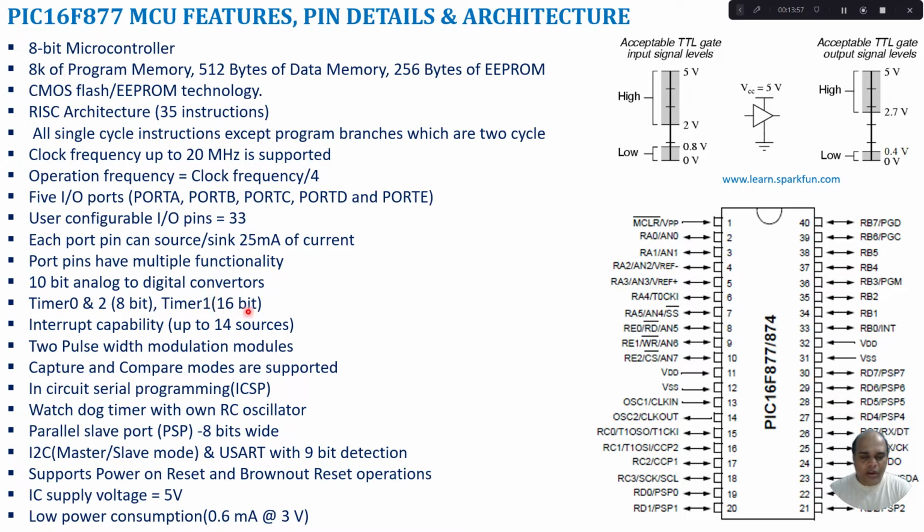So we can load a value onto these timers, and we can increment the timer content. The incrementation interval can be varied. It can be programmed. Once the timer overflows, an interrupt can be generated, and this interrupt can be used for controlling the output devices. Timers can also be configured in 2 modes: timer mode or counter mode.